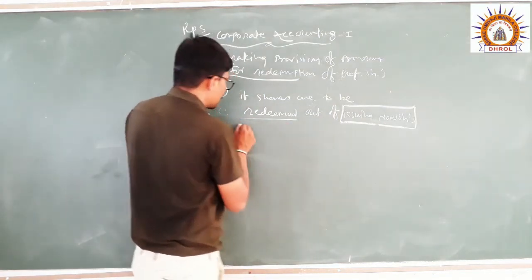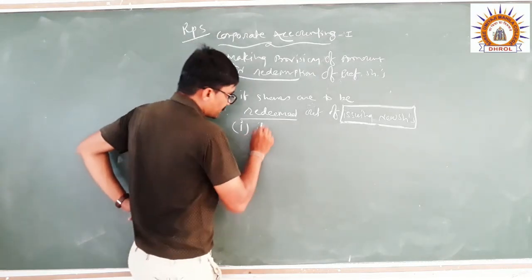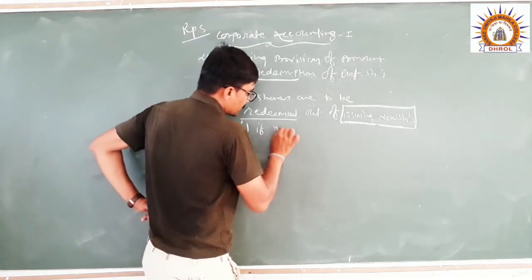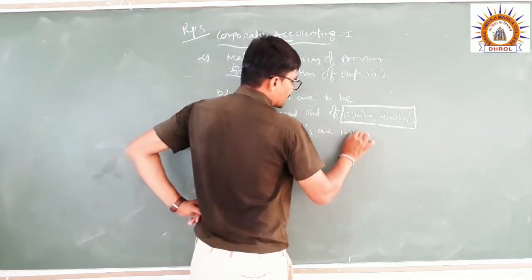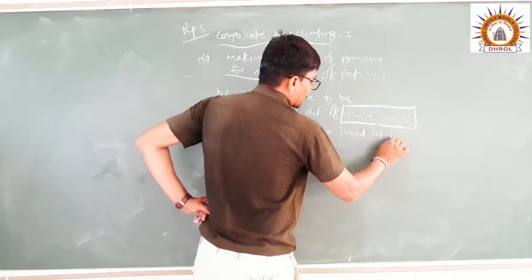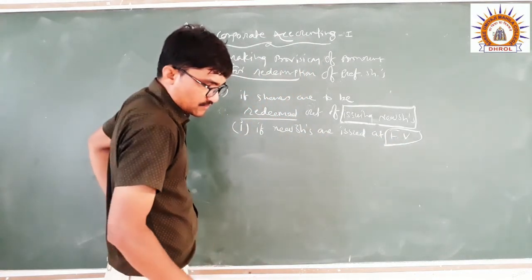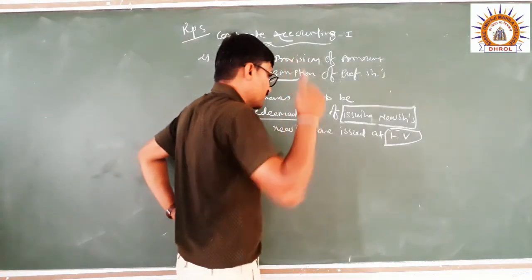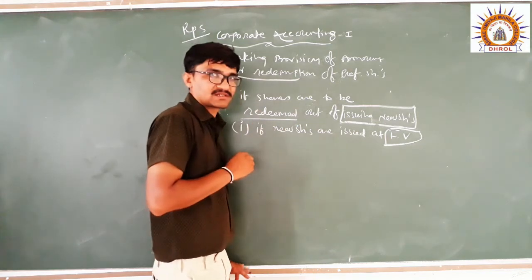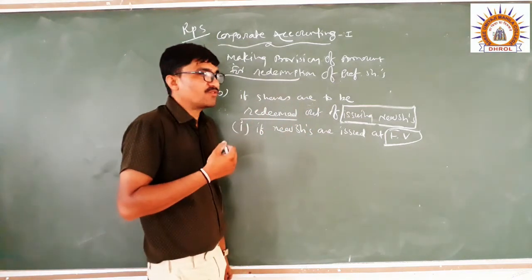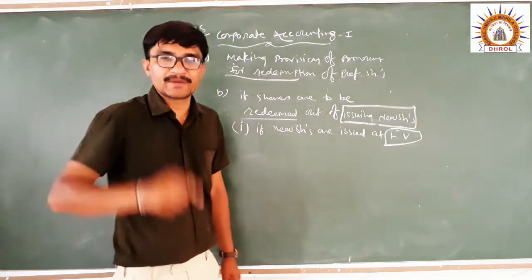So first of all, in that first A in Roman, if new shares are issued at face value, that means the money comes to the business, and if money comes to the business, the bank account will always be debited, right?